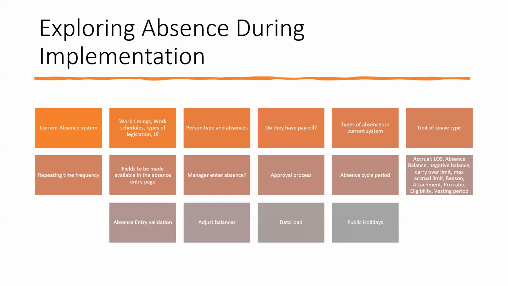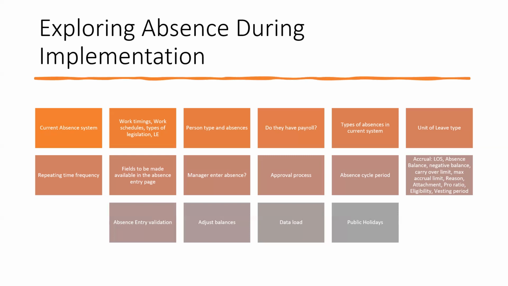So how is this repeating time frequency available in the current legacy system? If they have weekly, monthly, bi-weekly, whatever it is, how can the same be configured, or if we are making any modifications in that, how do we convince them that this can be used so that it would be better usage?